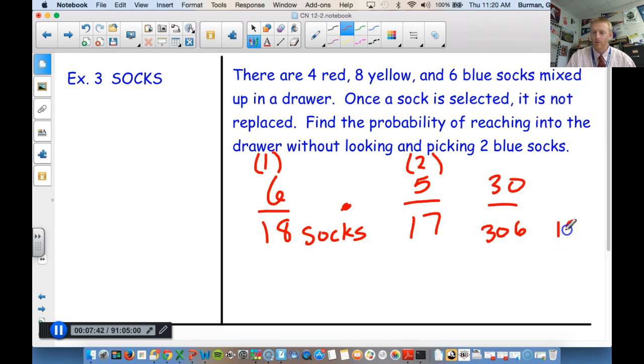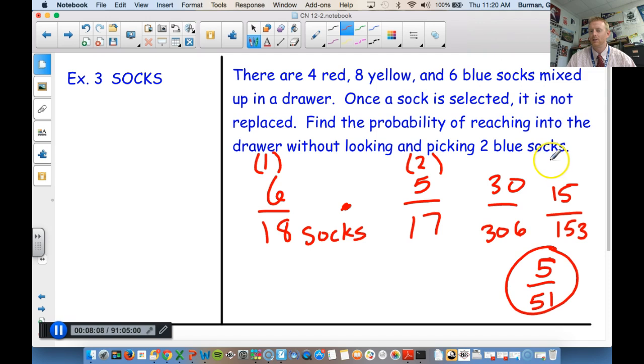That gives 15 over 153. I think I can divide by 3 again. So that becomes 15 divided by 3 is 5, and 153 divided by 3 is 51. So I end up with a 5 out of 51 chance that I'm going to pick 2 blue socks.